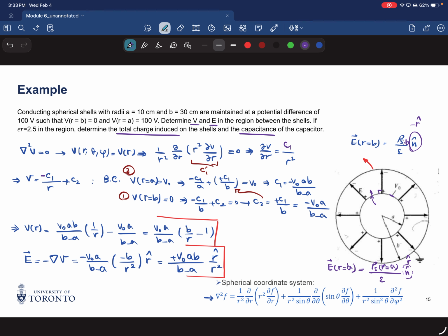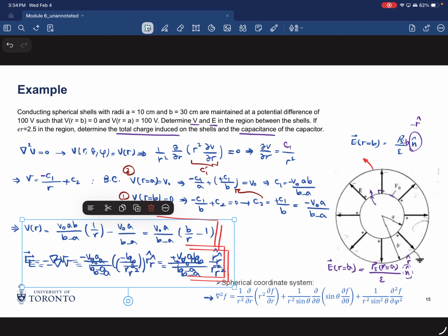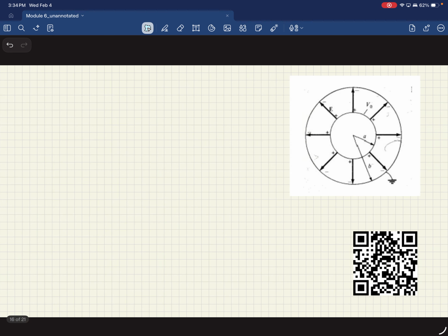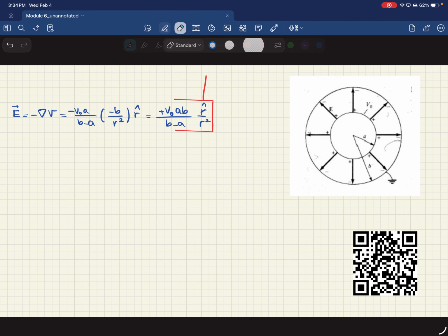So you can use any of these to find the rho S either on the bigger conductor or the smaller one. Doesn't matter which one, really. So let's go here. We found E. Okay, so this is our E.